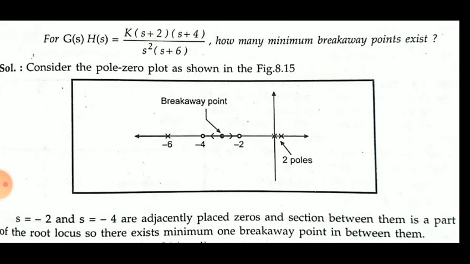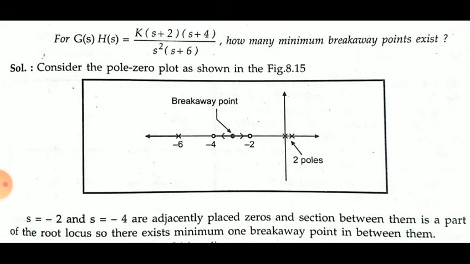Then if there are two adjacently placed zeros on a real axis and that part is on a root locus, then one breakaway point will be available. For prediction number 2, this is a separate example. Two zeros are shown and this part is on a root locus. So there is one breakaway point in between minus 2 and minus 4 because it is a part of the root locus.